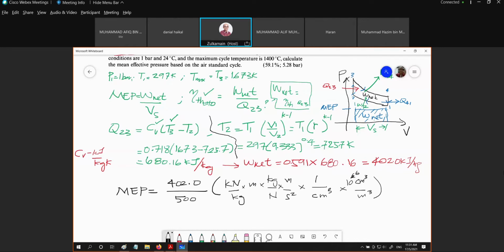This I converted already. Centimeter, I need to get the bottom part as meter squared. Can anybody see where I did wrong? Kilojoule is kilonewton meter, right?